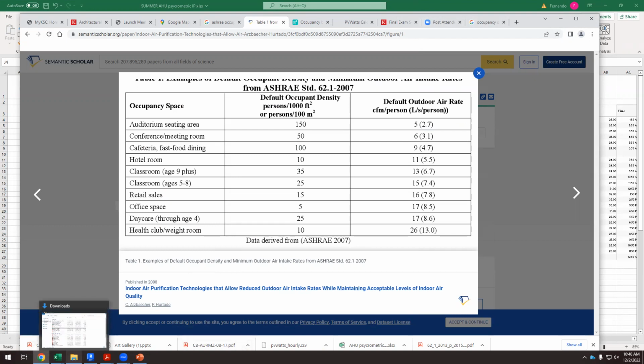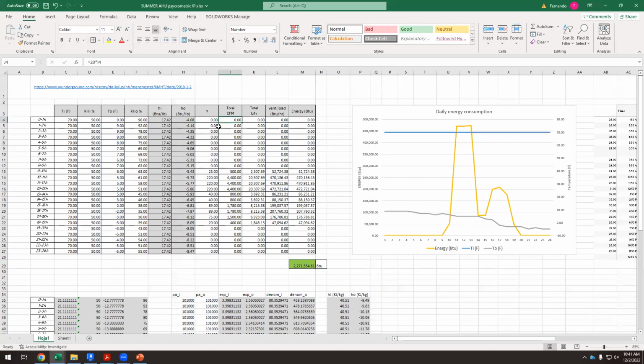I will spend more energy, but then if I have a good equipment and that equipment has the variable air volume, and we have sensors, and we're not just supplying energy for 20 people, but we can adapt the system to the real occupancy, that will be great. Okay, but here I'm going to use 20. In the other section, I used different numbers, and I adapted the CFM to the spaces. But here, by default, I'm using 20.